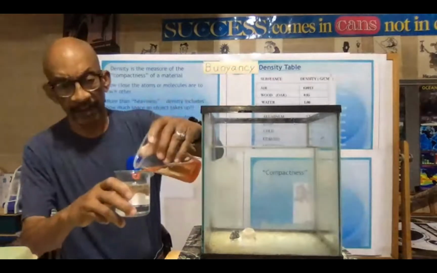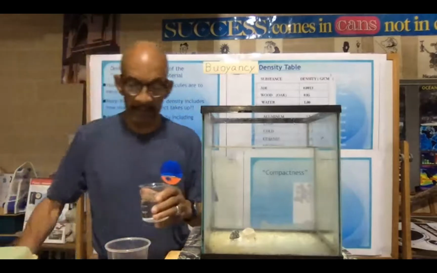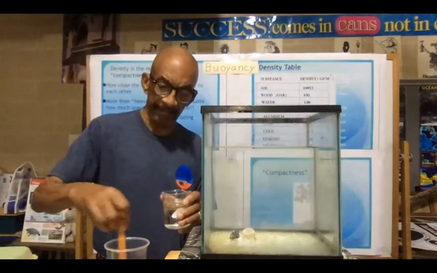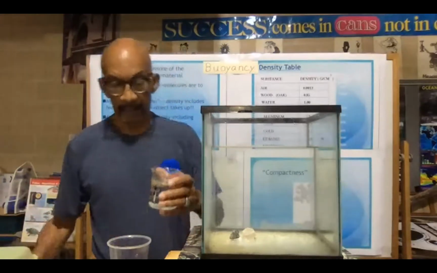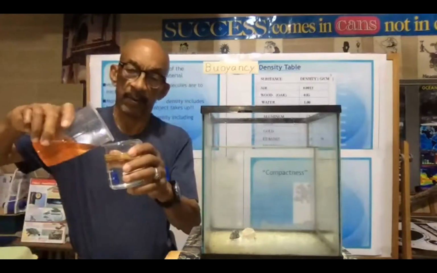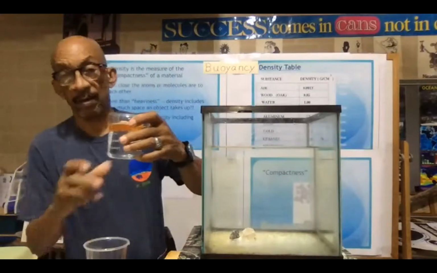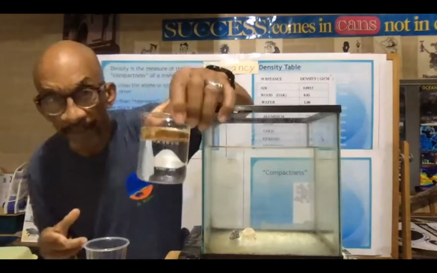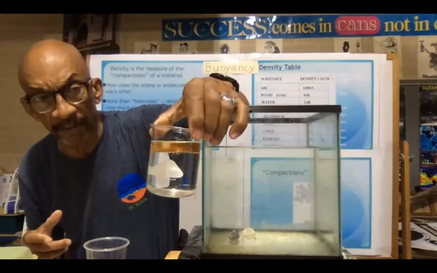Well, the color didn't go, did it? I've got to stir that up again. But I can tell you what happened. We can see, where is the oil? Did it sink or did it have some buoyancy?